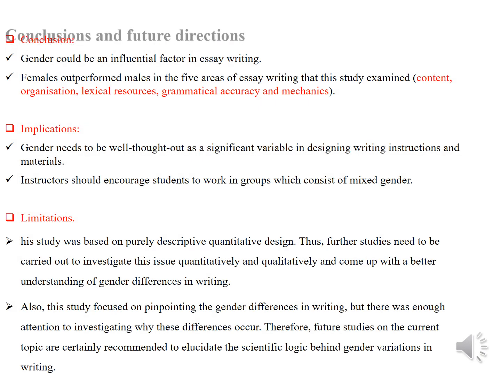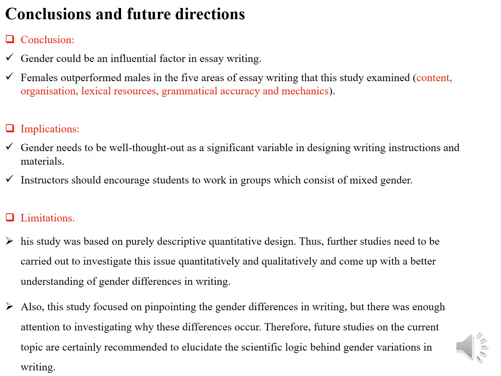My study concludes that gender could be a significant aspect in essay writing, and females are better in content, organization, lexical resources, grammatical accuracy, and mechanics compared to males. So my study offers two implications.